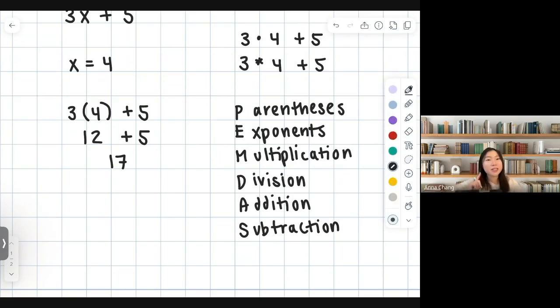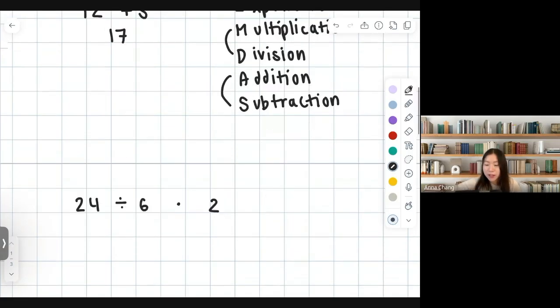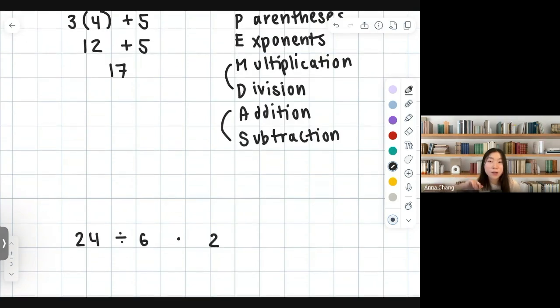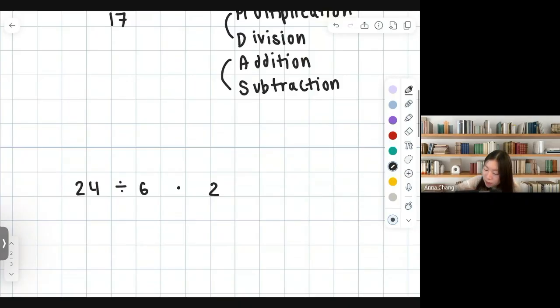One really important thing to note here for PEMDAS is multiplication and division should actually be completed left to right. You do whatever comes first. The same applies for addition and subtraction. Left to right, whatever comes first. For example, if I'm trying to do 24 divided by 6 times 2, if I were to follow that PEMDAS order and do multiplication first, I would end up with 24 divided by 12, which is 2.